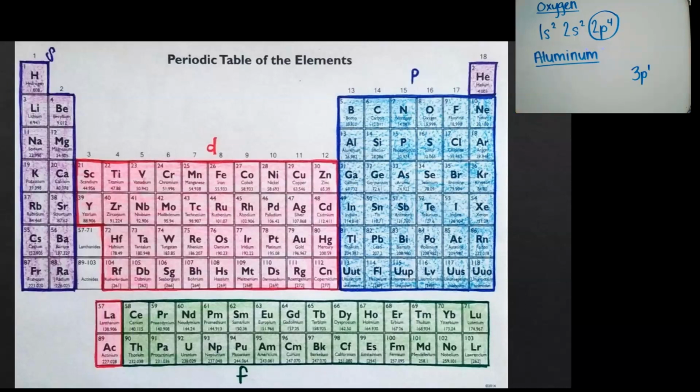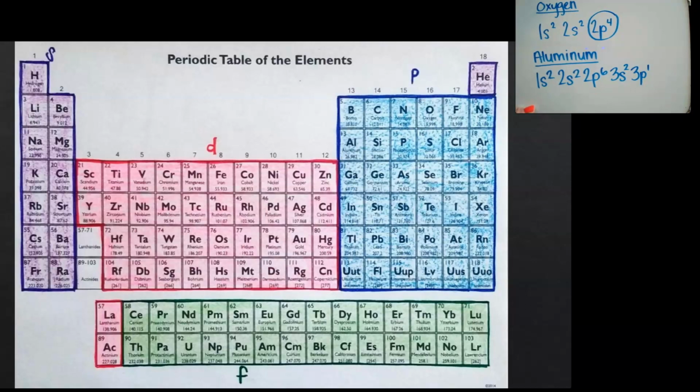So if I want to figure out the rest of aluminum's electron configuration, I just start using the Aufbau principle at 1s2, and I'm going to fill my way up. 2s2, 2p6, 3s2, 3p1.